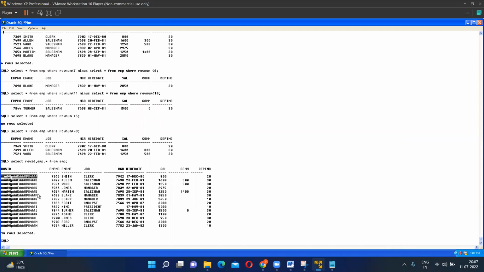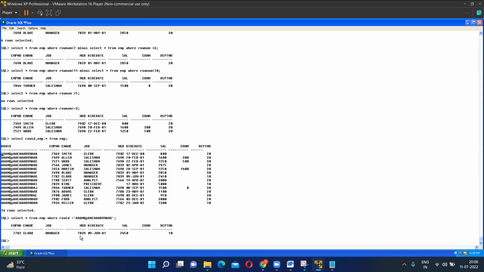If you see, it is arranged A, B, C, D, E, F like that, always in ascending order. It's a unique, permanent ID. So if I write a query, select star from EMP where rowid equals this value, what will happen, guys?